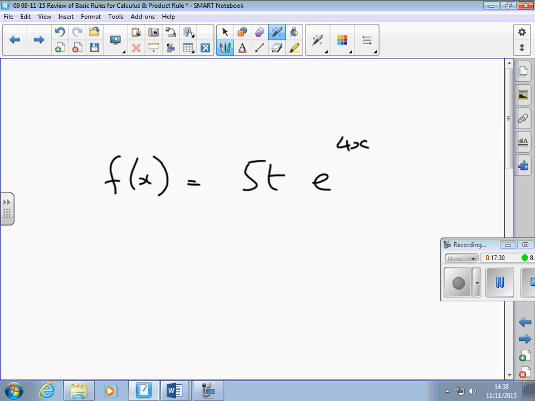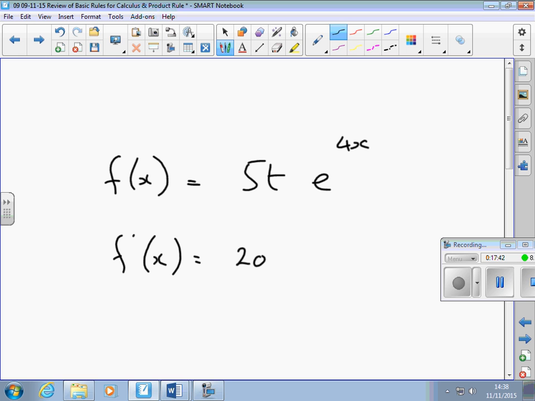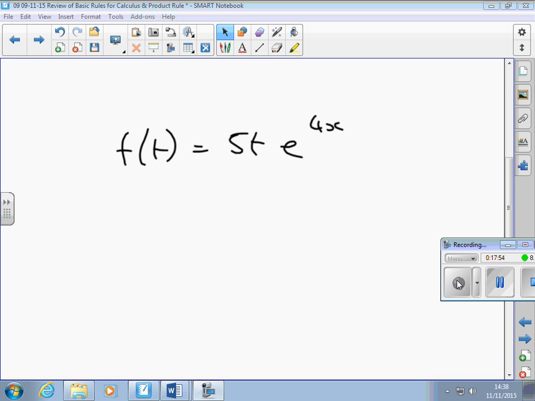So if I wanted to differentiate this, f prime x would be, if you look at the table, the 4 in the exponential function comes down and times by the number in front. So 4 times 5t is 20t, e to the 4x. I can do that because there's only one variable, x. X only appears once.